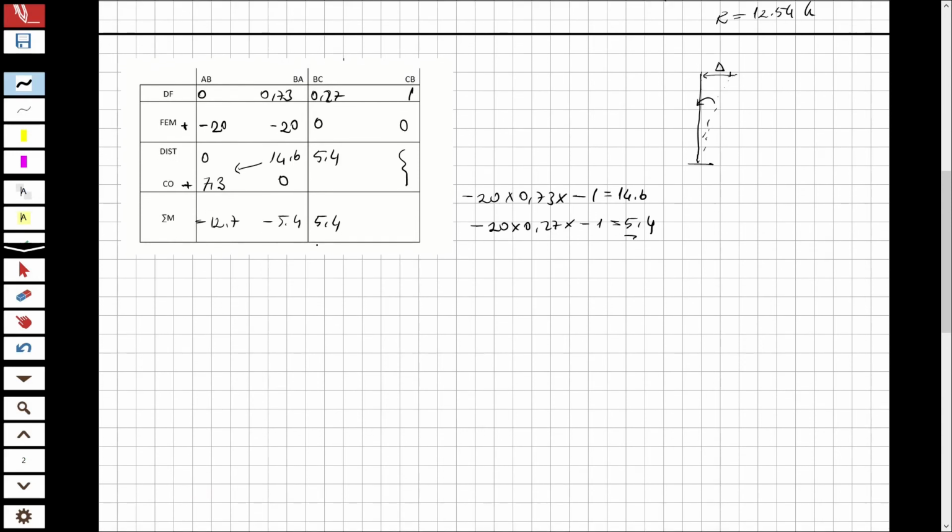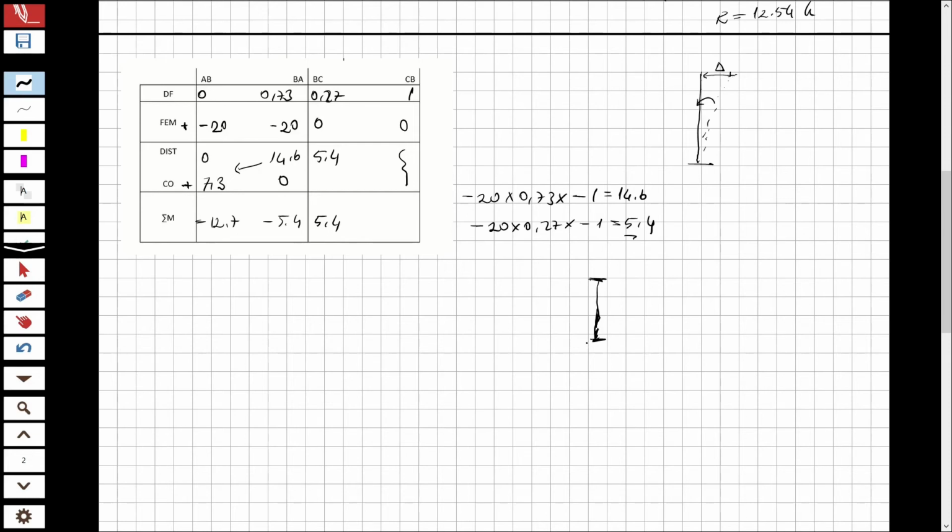So let's find the shear and AX again. For AX, it's going to be something like this. I drew it wrong, I guess it is better now.